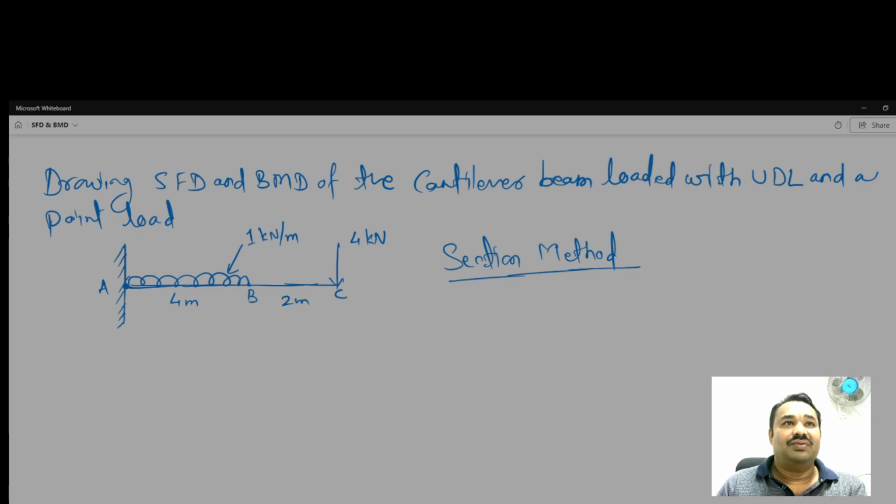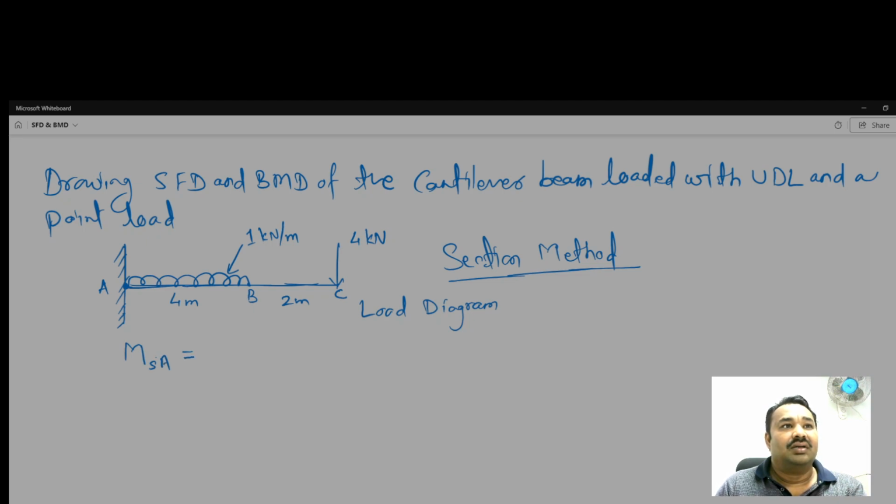So what we are going to do now, as we know, this is the load diagram. Okay, and what we got, the support reactions, that is at MSA.